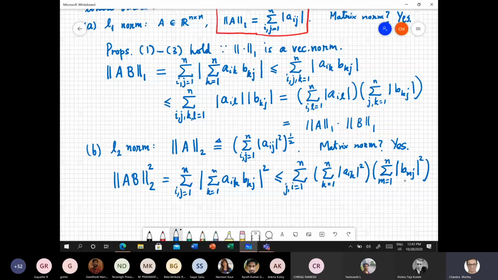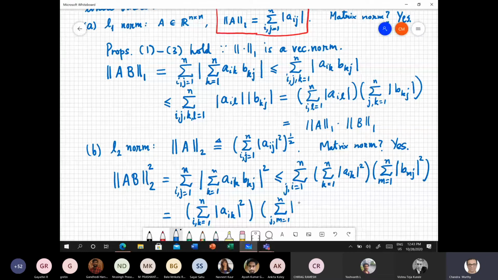So I can write this as the sum over i, k equal to 1 to n of mod a_ik squared, times the sum over j, m equal to 1 to n of mod b_mj squared.